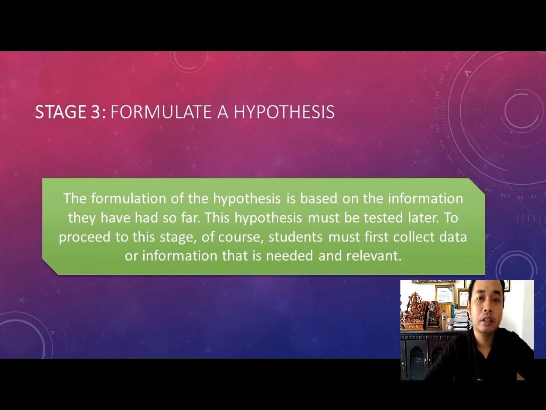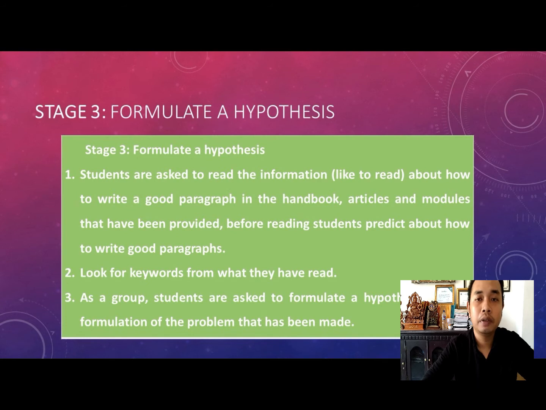Here, the students will be given some books, articles, and also modules. The students need to predict first how to write a good paragraph before they read the sources given by the teacher.